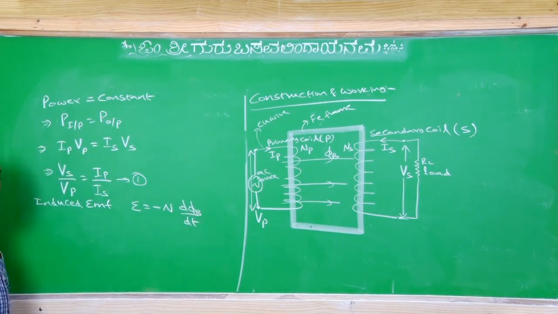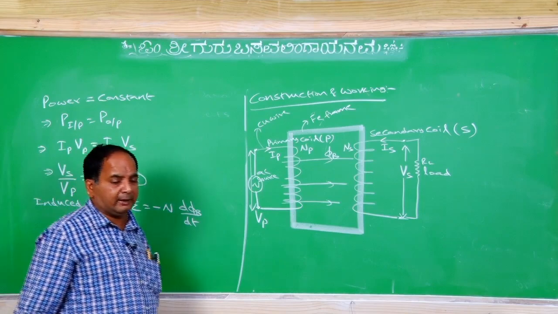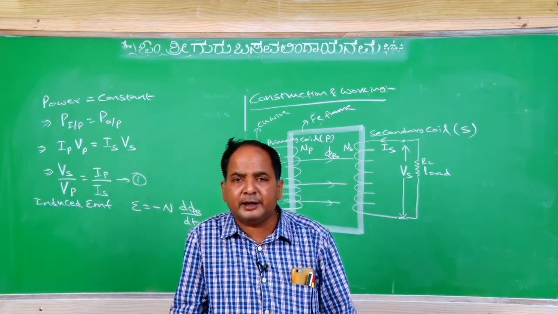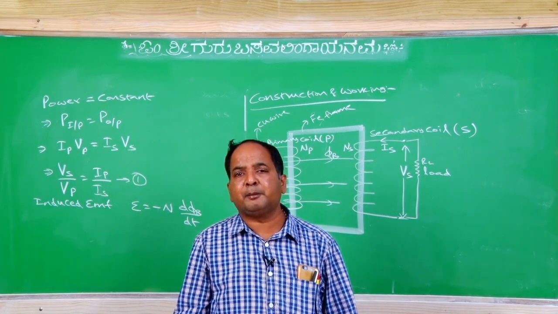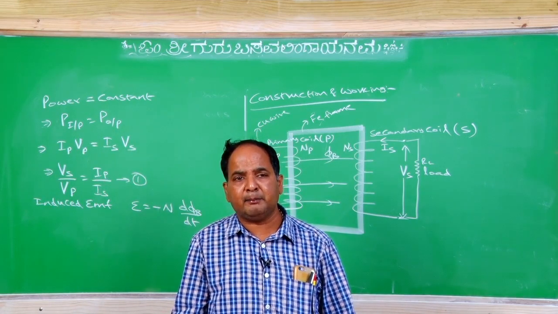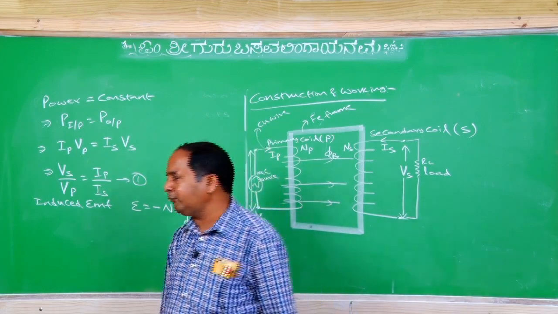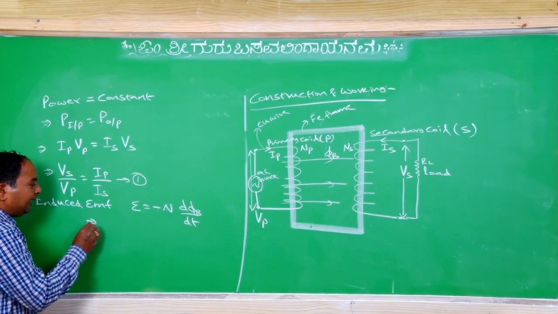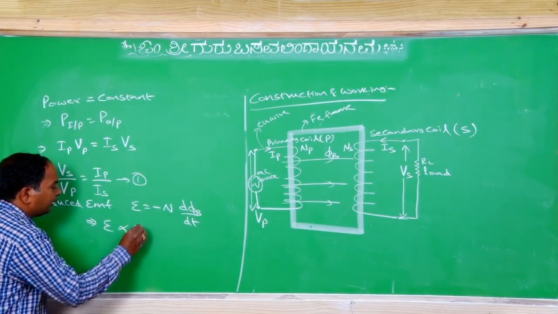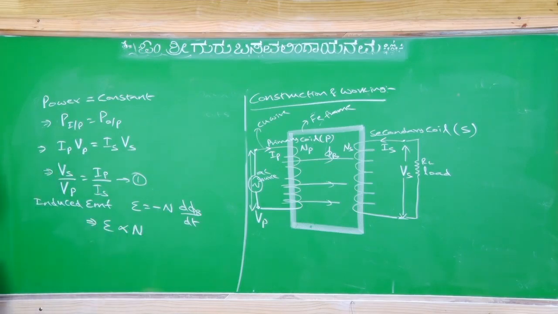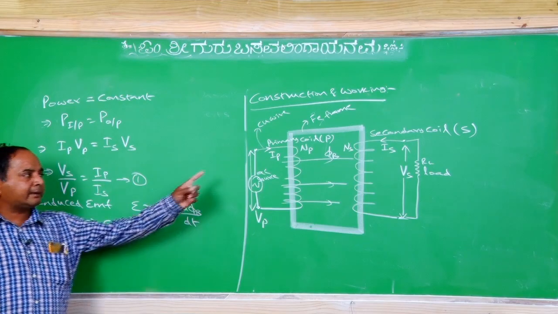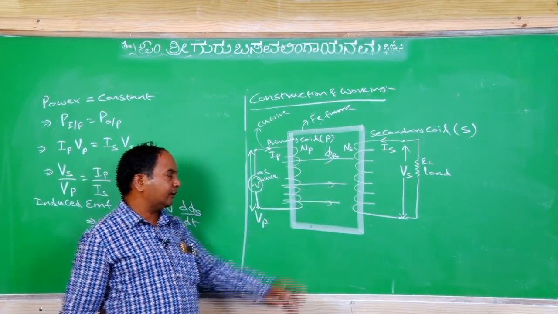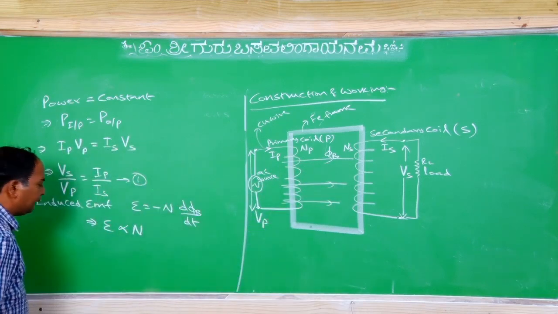That means the induced EMF is in the opposite direction to the rate of change of flux and directly proportional to the number of turns. So here we are able to write that E is directly proportional to N. Why? Because the same flux is acting, so the rate of change of flux is also constant. So we may write E proportional to N.